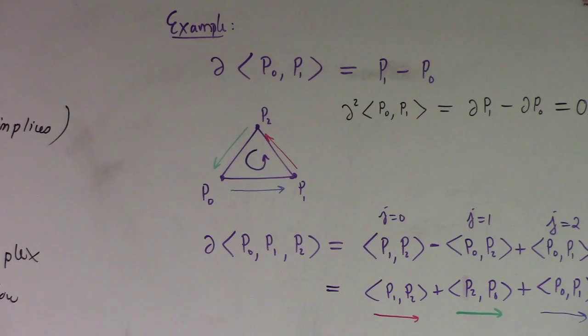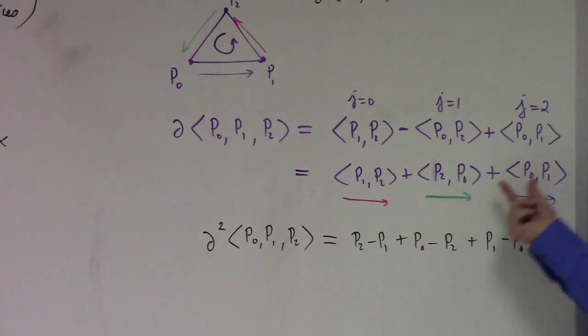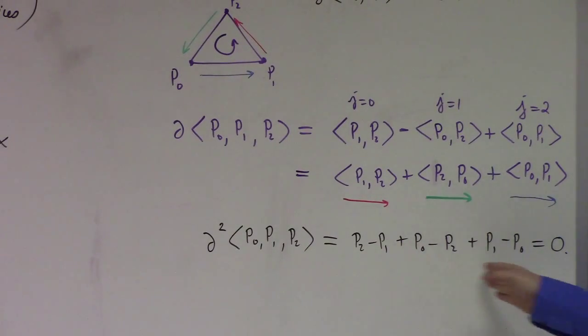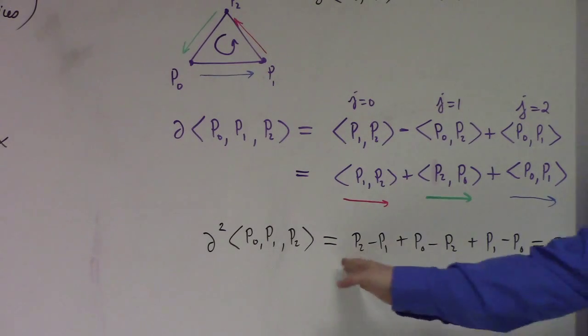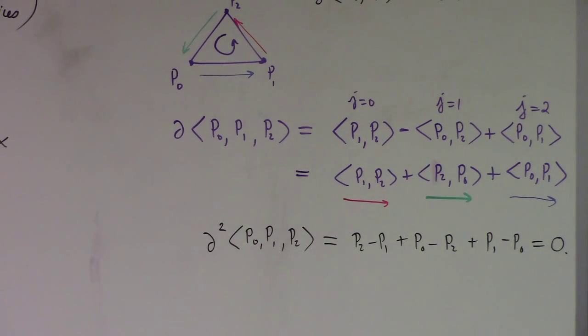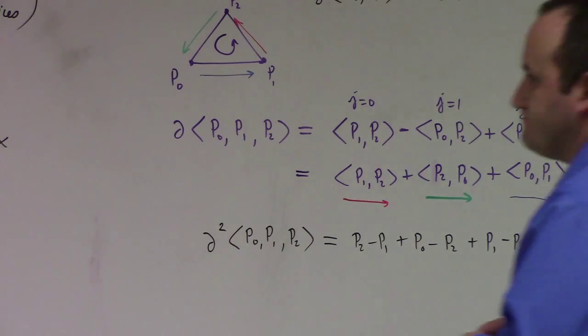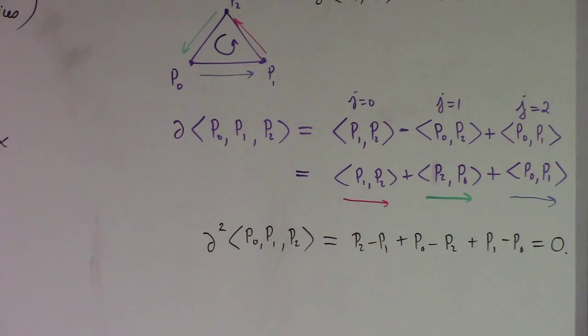You get 0, because the p naughts cancel, the p1s cancel, the p2s cancel. So what's the boundary of the boundary? 0. In other contexts, you might want to say it's empty. All right, let me move on here.